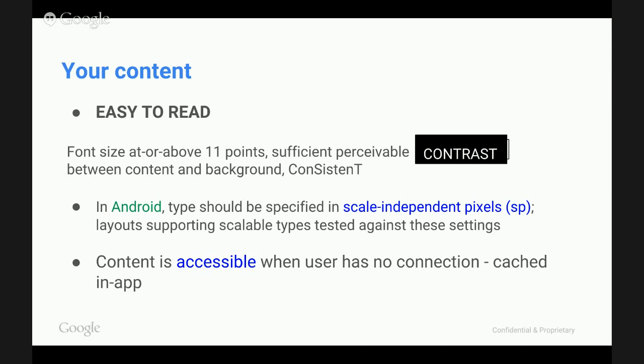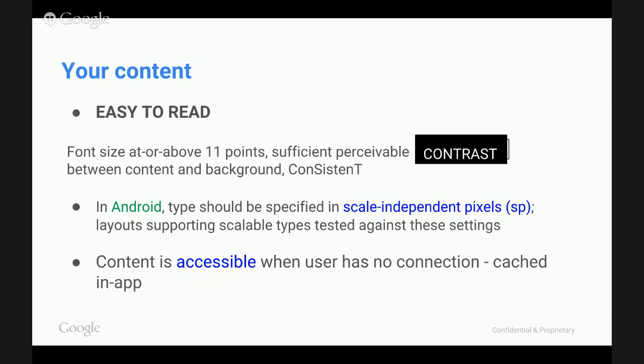So first off, your content, of course. It may sound obvious, but your content should be really easy to read. You probably now think your content is easy to read, but think of different situations, like different environments. For example, if your user is now enjoying the sun, what would the screen look like?